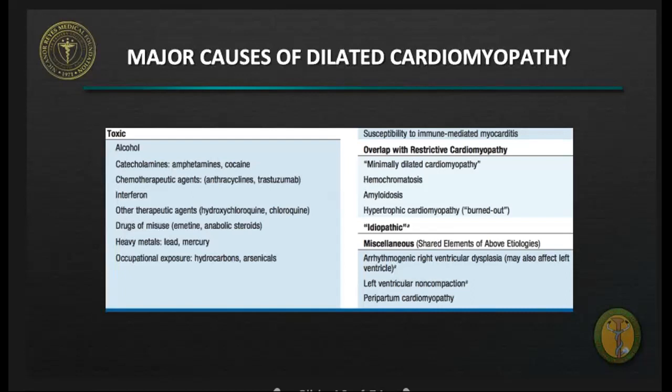Miscellaneous causes are also mentioned in this table, which includes arrhythmogenic right ventricular dysplasia, which not only affects the right ventricle, but can also affect the left ventricle as well. LV non-compaction, wherein there is abnormal trabeculation in the left ventricular wall, and peripartum cardiomyopathy, or cardiomyopathy that is associated with pregnancy.